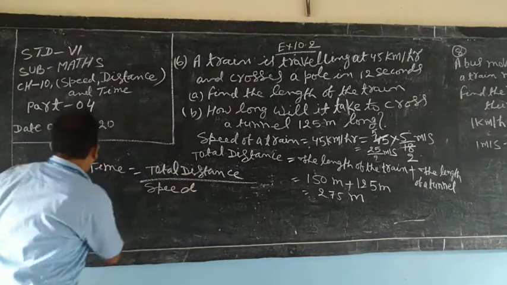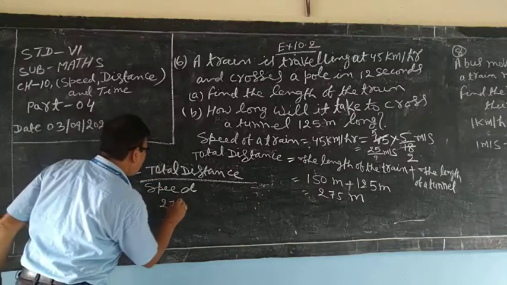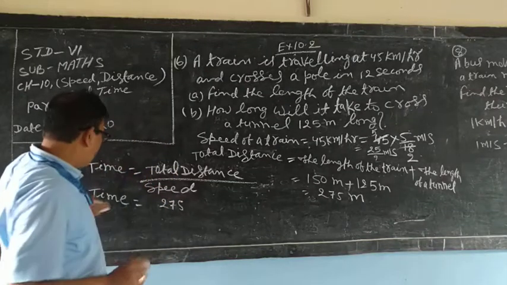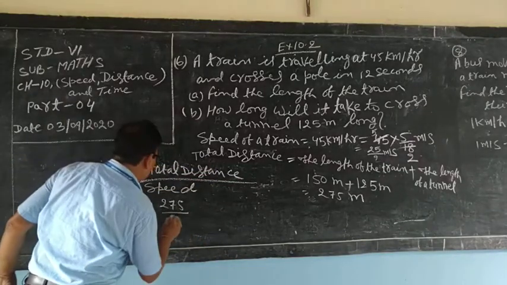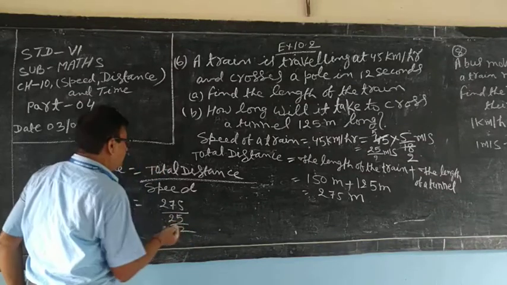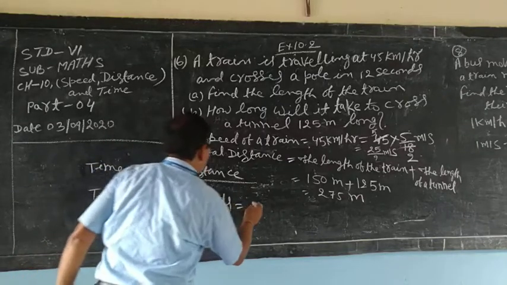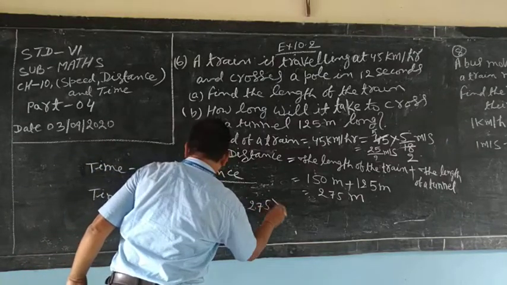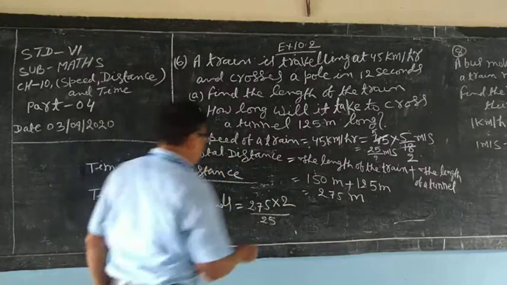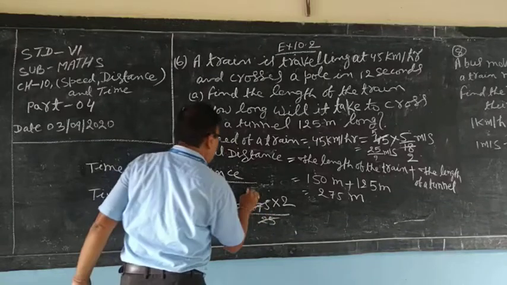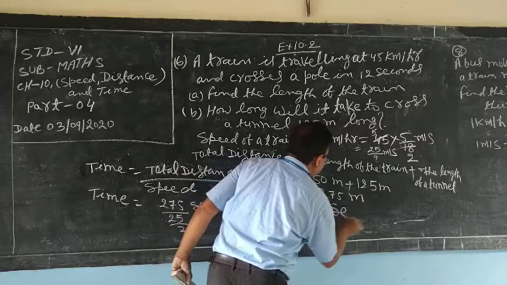Here total distance 275, and what is the speed of the train? 25 by 2, the unit is seconds. So now what you will write? 275 into 2 by 25. You got it? One more time, what will it come? 22 seconds.